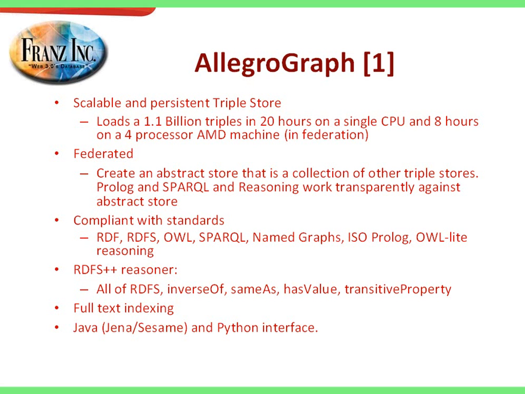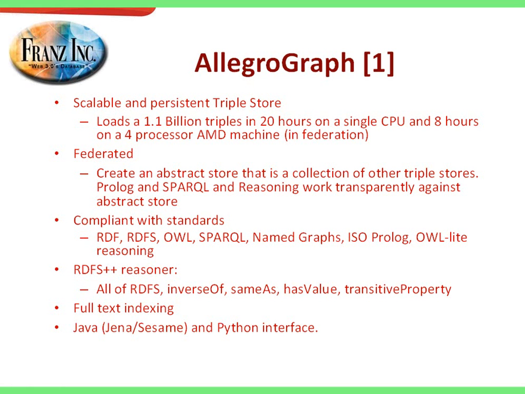We are compliant with all the standards, so we don't lock you in. So we do RDF, RDFS, OWL, and SPARQL, and all the other things here. We have one proprietary thing, which is this RDFS++ Reasoner, which is not a full OWL Reasoner, but a subset. So we do everything in RDFS, and then OWL things like inverse of, same as, has value, transitive property.